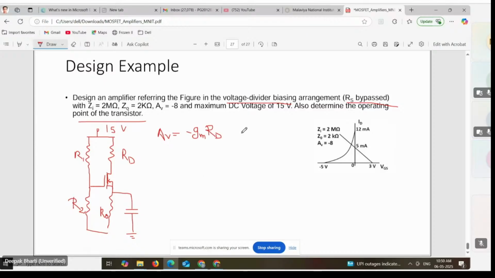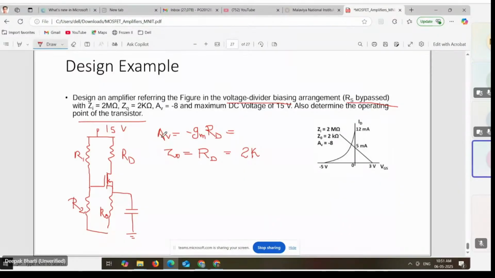One more thing, AV is minus GMRD, and Z0 is equal to capital RD. We are ignoring the effect of small rd here because small rd is not provided. So we are writing it excluding small rd. So Z0 will be equal to RD. So we have determined here the value of first component, that is RD, and that will be equal to 2 kilo ohm.